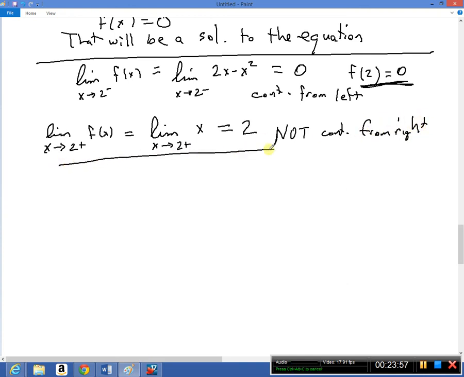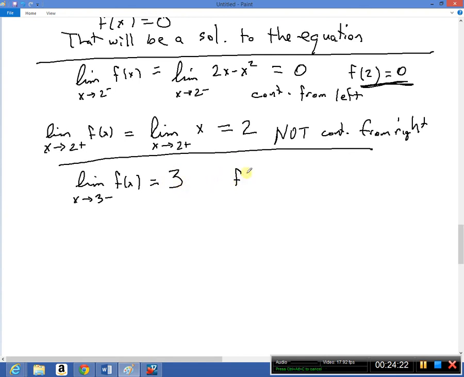Okay, that takes care of 2. For 3, we do exactly the same thing. Limit as x approaches 3 from the left of this function. I'm not going to write in the function anymore, I'll just calculate it. If I'm looking at 3 from the left, I'm still in this area where I'm dealing with x as my function. So as x approaches 3 from the left, the answer is just going to be 3.